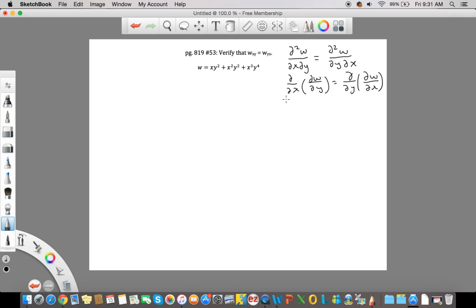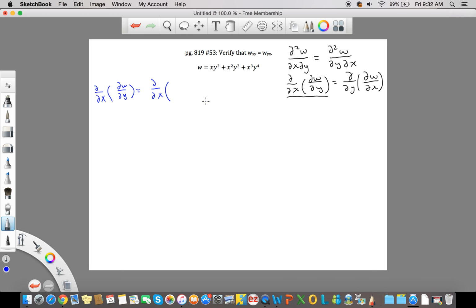The first thing we're going to do, let's worry about this piece. I'm going to do that in blue. So we want d dx of dw dy. Now, let's find dw dy. First I'm just going to put that d dx there.